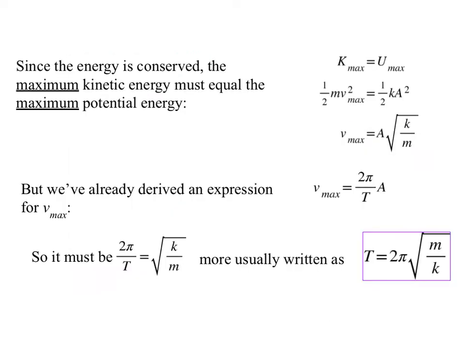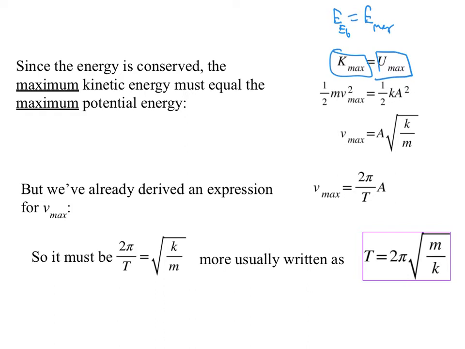Since the energy is conserved, the maximum kinetic energy must equal the maximum potential energy. In other words, at the midpoint, if we have that the energy equals the energy, at the equilibrium point and at the maximum extreme, at the equilibrium point there is only kinetic, and at the extreme there's only potential.